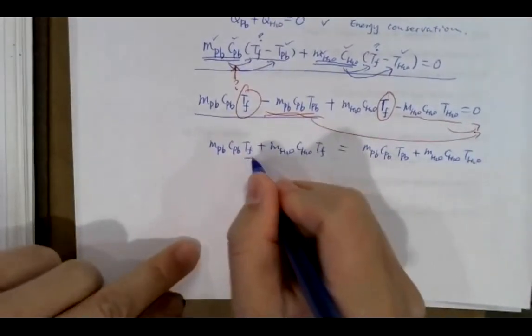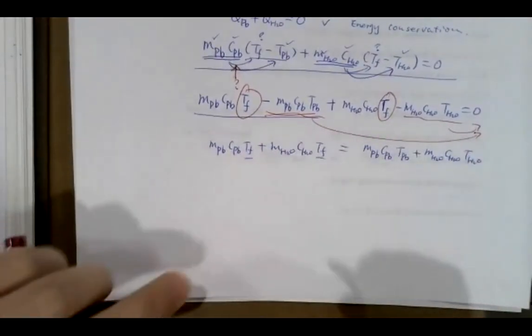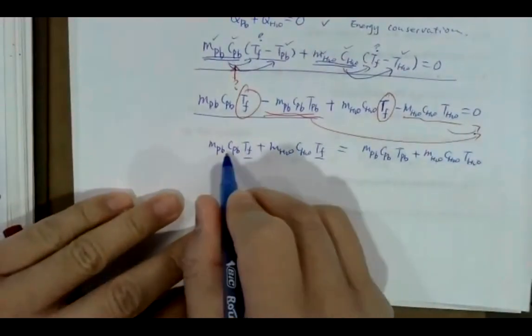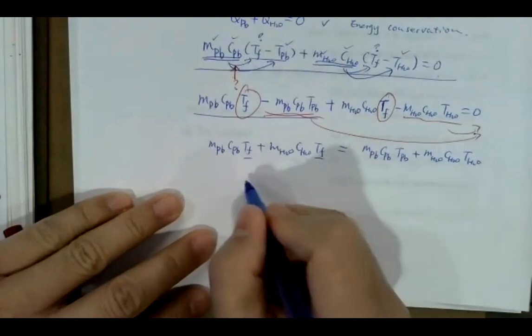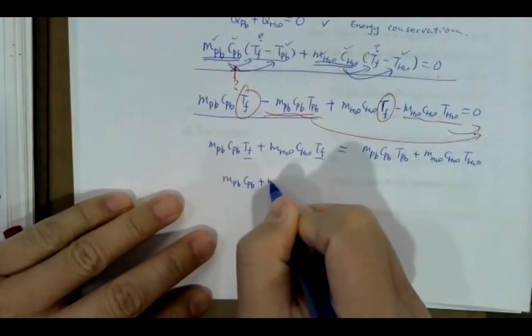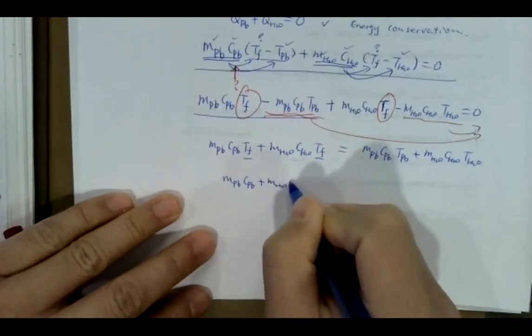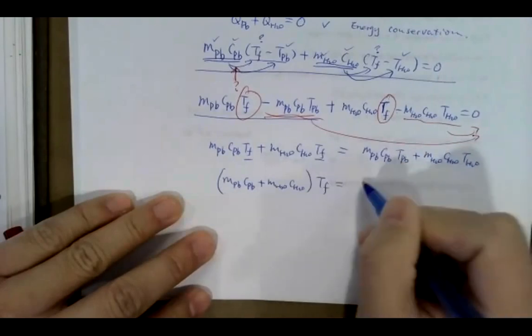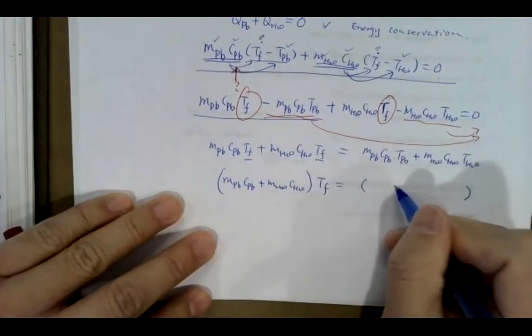You're solving for T_F, so you want to single out T_F. T_F is the common factor on these two terms, so you can single it out that way: M_PB C_PB plus M_H2O C_H2O, times T_F, equals the other side of the equation.